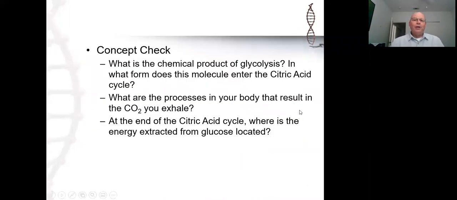But before we go there, let's just do a quick concept check. And I've got 3 questions. And this time we're not taking a break. This is just a concept check, not a break in the recording. So what is the chemical product of glycolysis? And in what form does this molecule enter the citric acid cycle? So the chemical product is pyruvate.